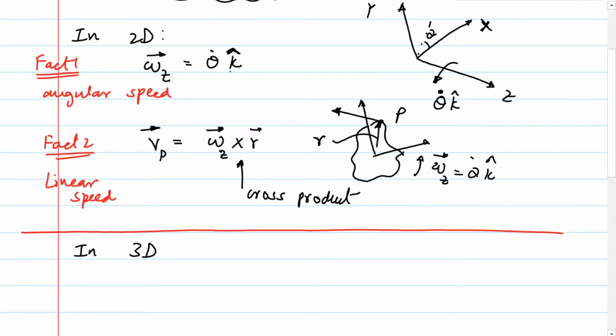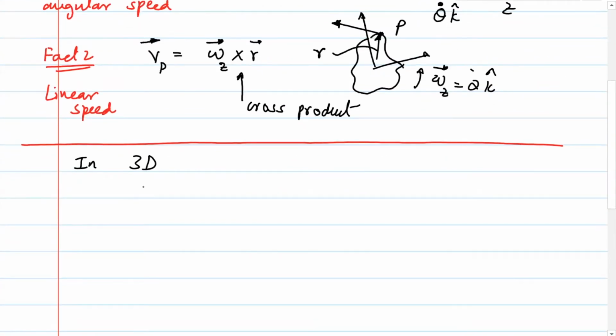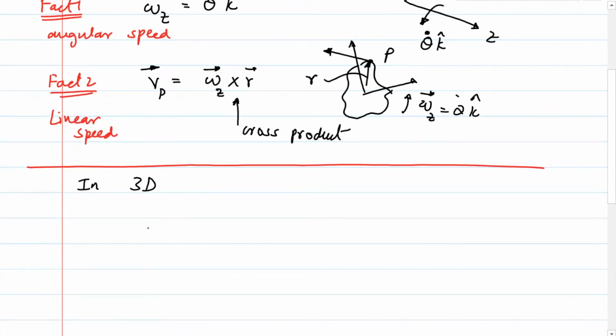And if you take the derivative of that Euler parameter, you get theta dot, or what they call the Euler rate, and then you get angular speed along the z-axis. So can we extend this to 3D? Can we write omega now as a 3-dimensional vector, like omega x, omega y, omega z?